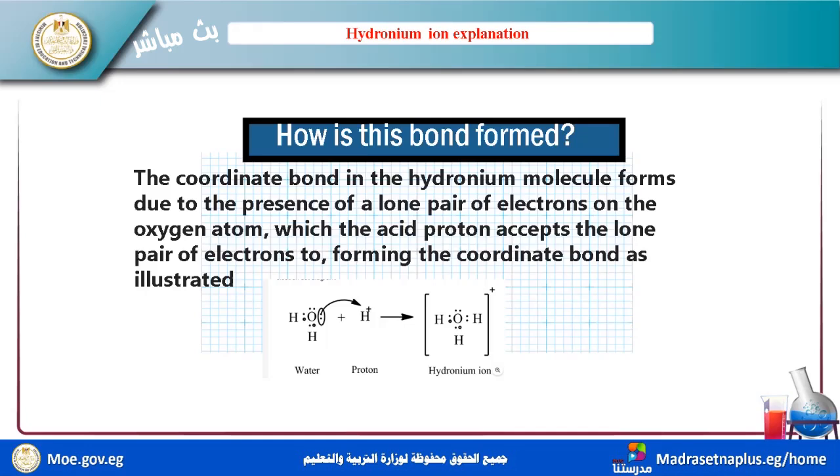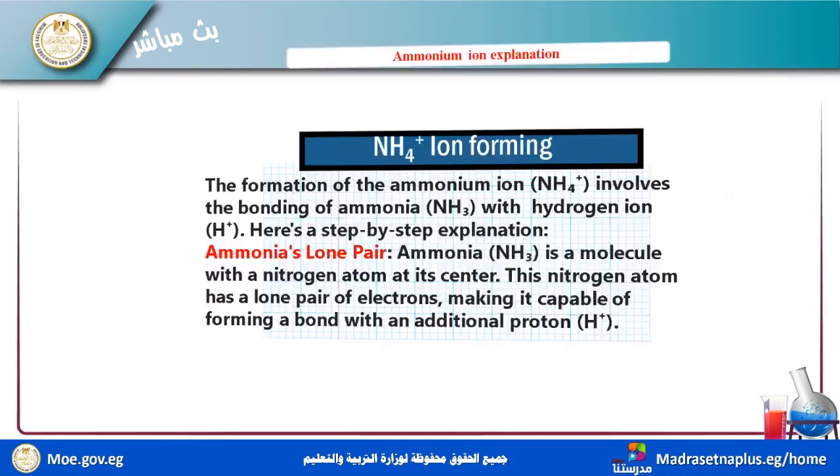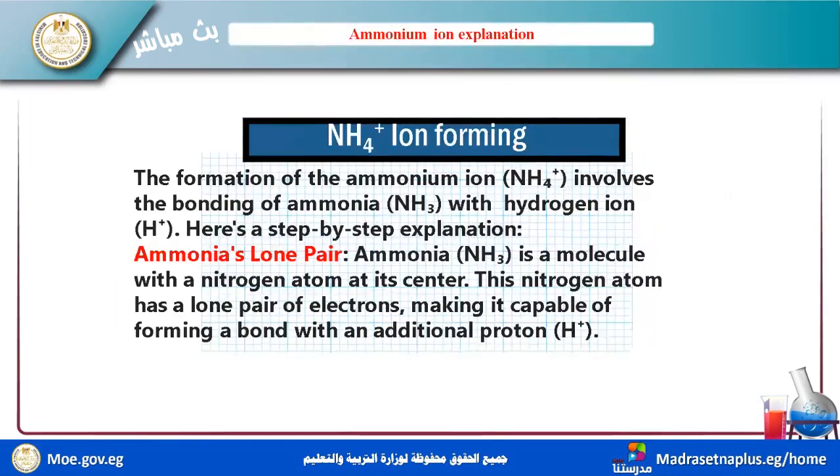Okay, do you understand the difference between coordinate bonds and covalent bonds? But you must know that the coordinate bond is a type of covalent bond. It's similar, but not identical. I have another example.